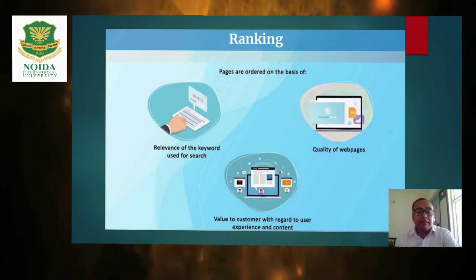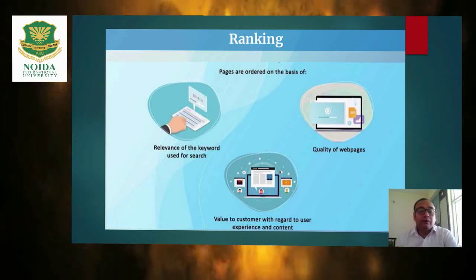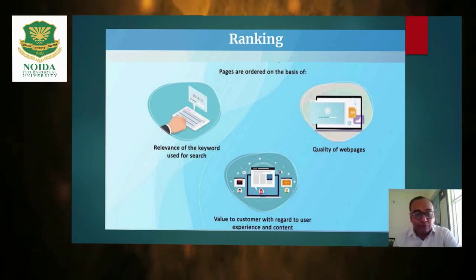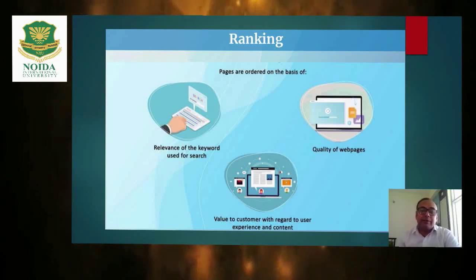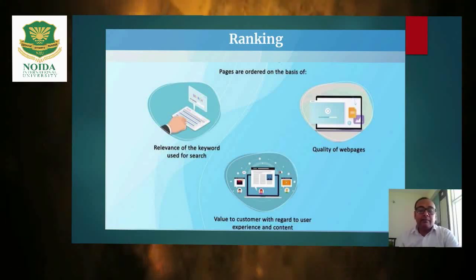If you are looking for a digital marketing course and I am shown results for pre-approved loans, so if you are showing wrong information or the quality of information is not good, then there is a possibility that you can lose your ranking. The ranking is also on the basis of the quality of the web pages.